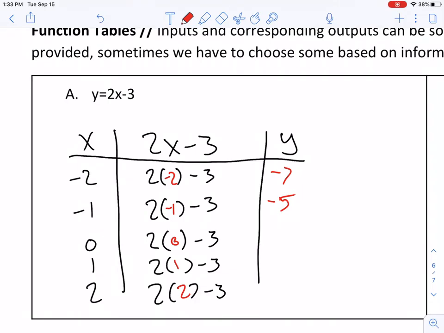So when we input a 0, we get out a negative 3. 2 times 1 is 2, minus 3, which would give us a negative 1. And 2 times 2 is 4 minus 3, which would give us a positive 1.